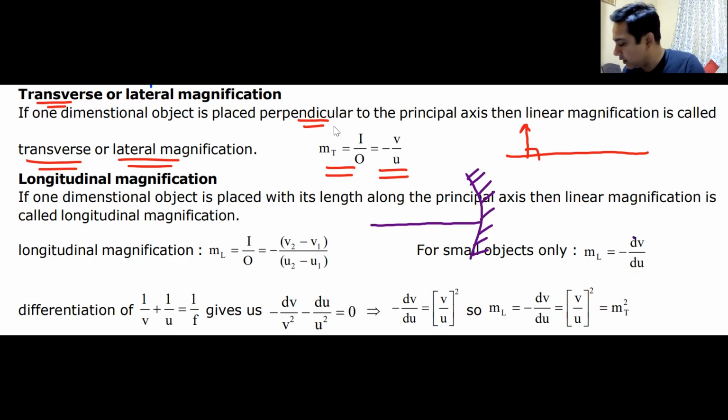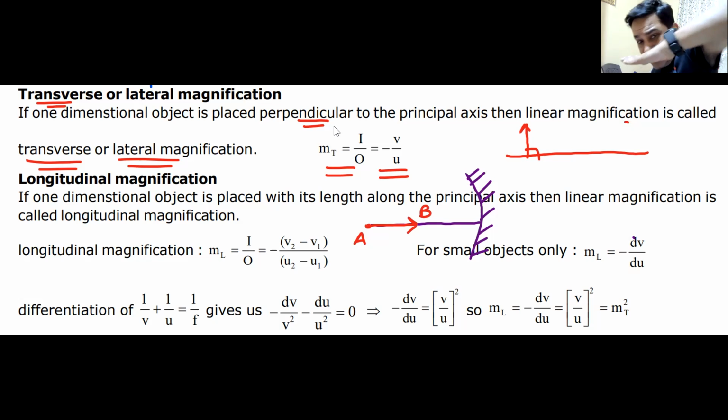Okay. Now, if I place the body like this, the image will come like this, inverted or whatever. What if I place the object along the principal axis? So this is the bottom, I call it the tail, and this is the head. Do we understand this? Yes, sir. So far so good.